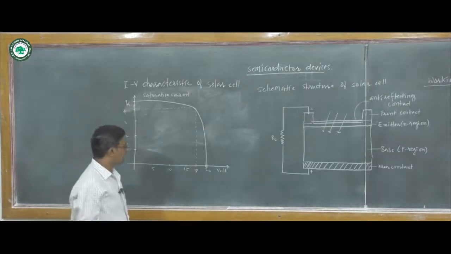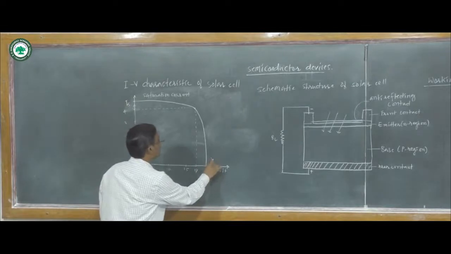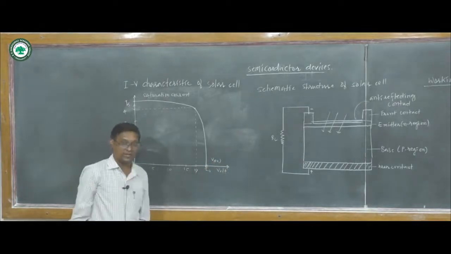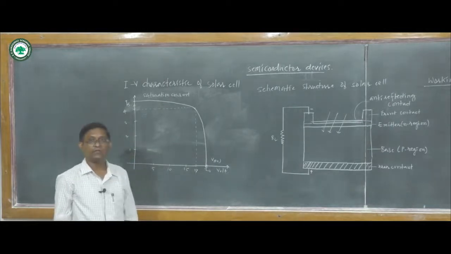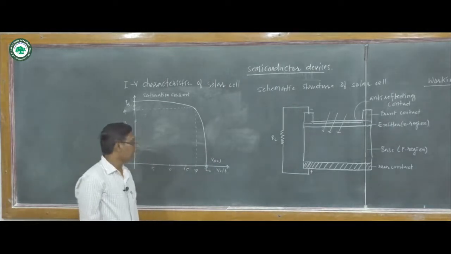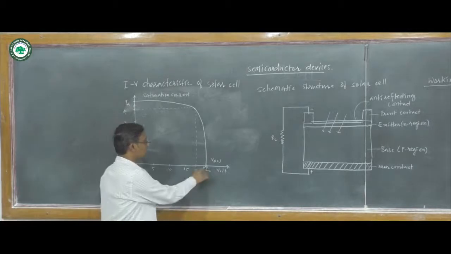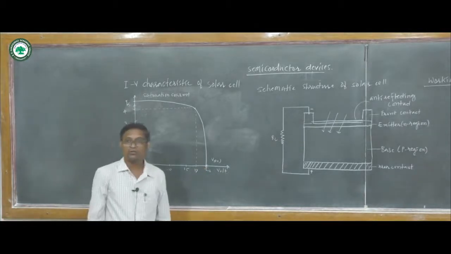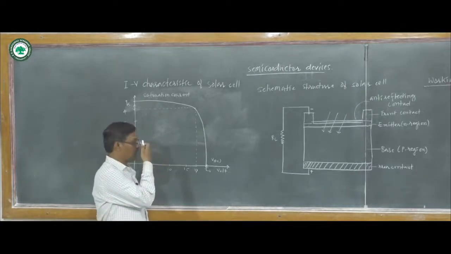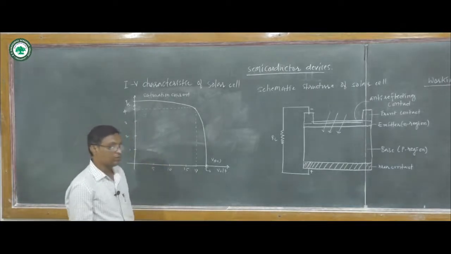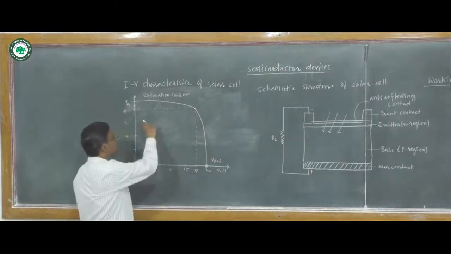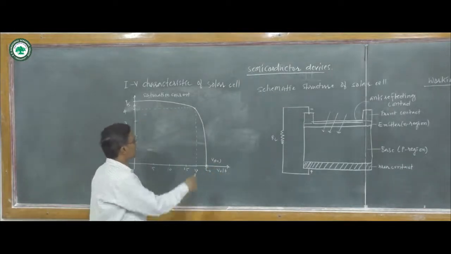Again, when the load is open circuited, even at that time we do not get any power, and the intersection with the x-axis is nothing but the open circuit voltage.